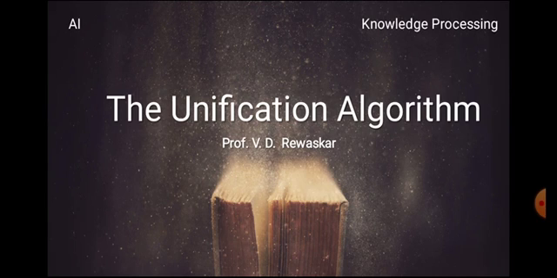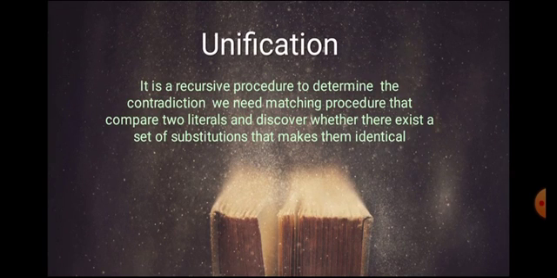Okay, so today we'll move towards our next topic, the unification algorithm. To determine the resolution in predicate logic, we need to find the contradiction. And to determine the contradiction, we need a matching procedure to compare two literals.